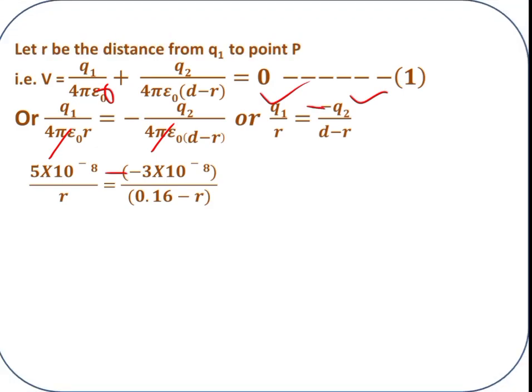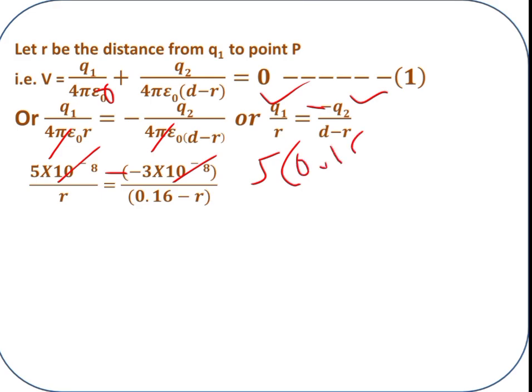Already Q2 is negative, so negative becomes positive. Then 10 raised to minus 8 cancels.